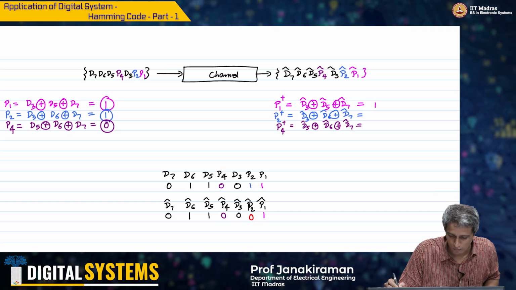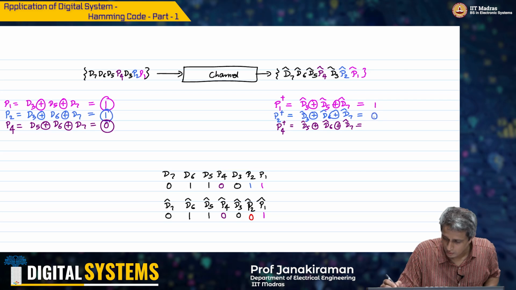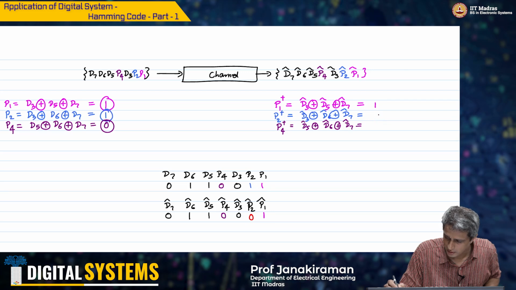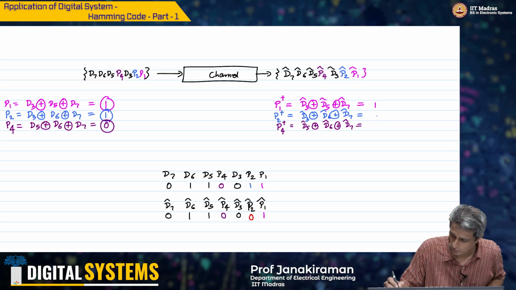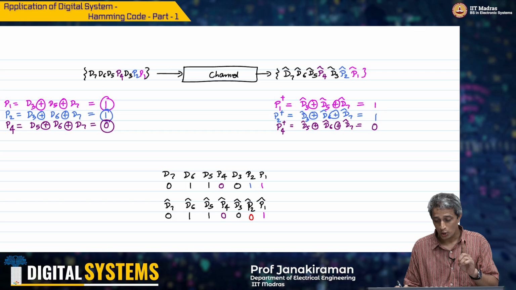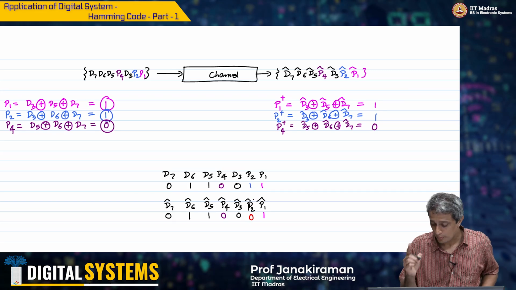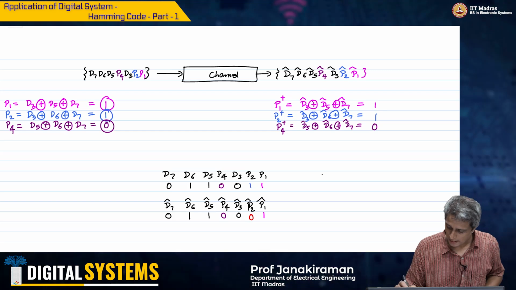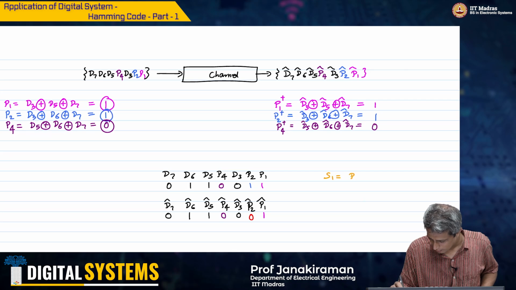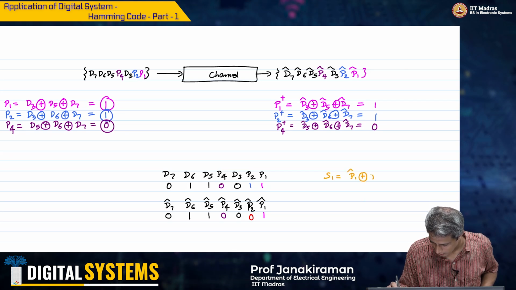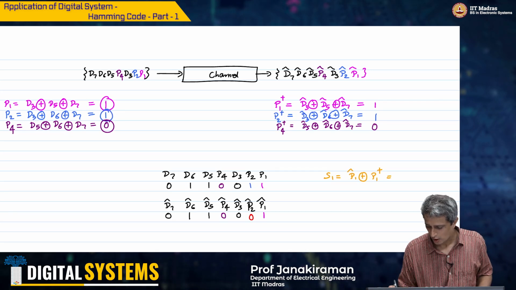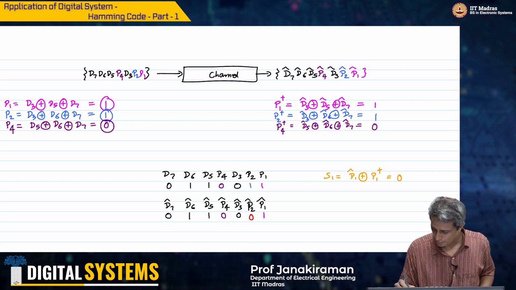Okay, so this will be 1, this will be 0, this will also be 1, and this will be 0. But what you know is that P2 hat happens to be in error. So when you calculate the syndrome now, S1 will be P1 hat XOR P1 dagger, and that happens to be 1 XOR 1, and therefore that is going to be 0.